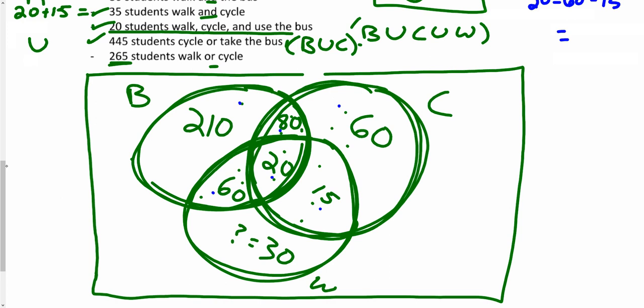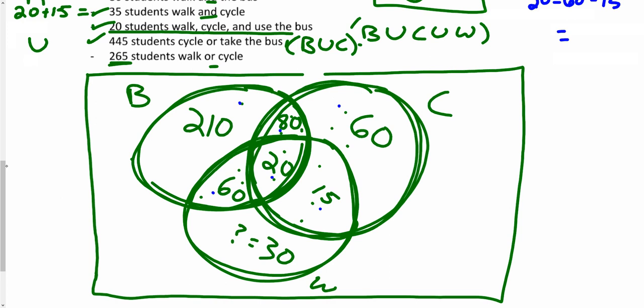Now I need to find the number of students that don't do any of these. Maybe their parents drop them off, or maybe they skip the whole way there or take their Vespa. I don't know. We need to figure out how many do none, which is easy peasy because we know the total amount of students. So now all we've got to do is figure out what's left over.